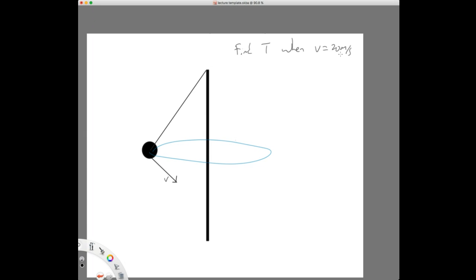And suppose the length of this thing is 1.5 meters. So there's going to be a radius to the circle here, which depends on L and depends on this angle at the top. But we need to get our forces in the picture in order to solve this.